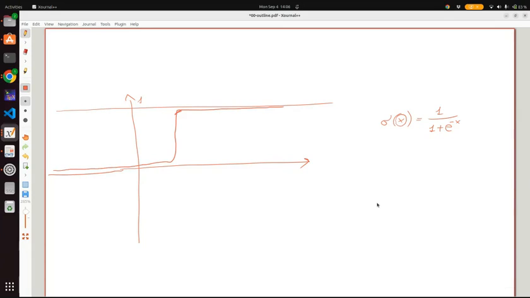Now, as you can see, this means that by linear transformation of the argument, the sigmoid can approximate a step function. And then I would say we are done.